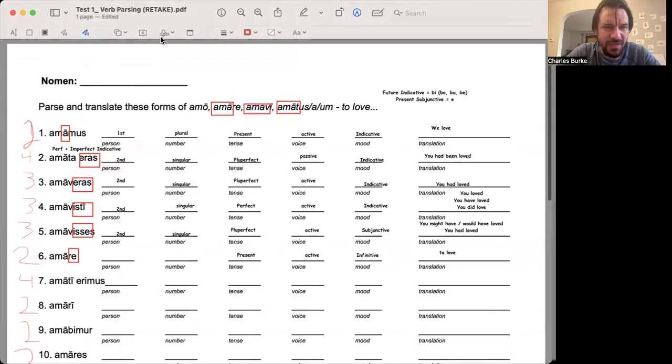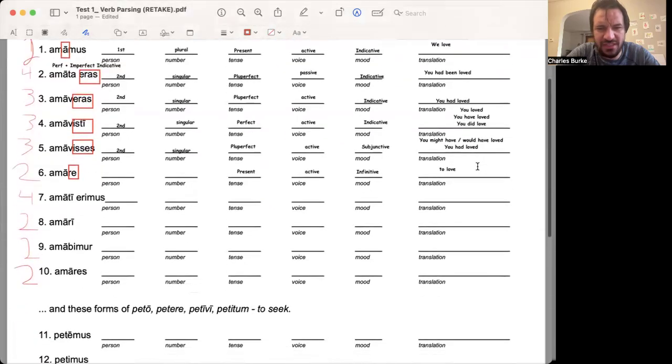Now remember, for passive infinitives, you just got to remember this chart. That ere is what are becomes, ari is what are becomes, i is what ere becomes, and iri is what ire becomes. So in this case, first conjugation, we got that are.